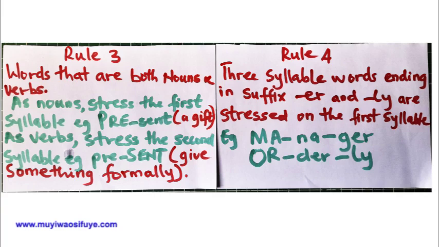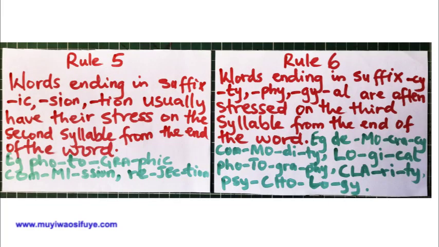So if you have 3 syllable words ending in suffix er and ly, they are stressed on the first syllable. So that's why we have the stress on manager, orderly. Rule 5.